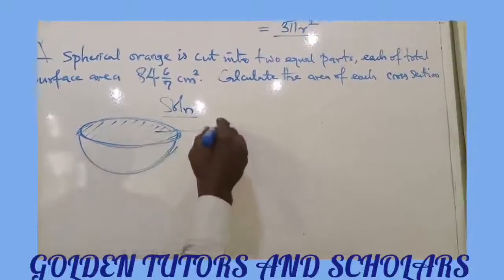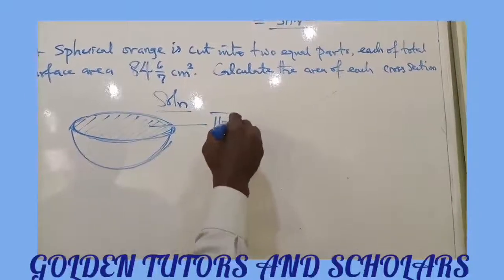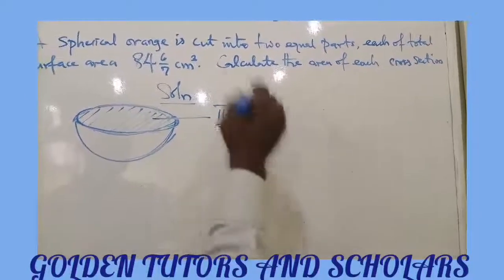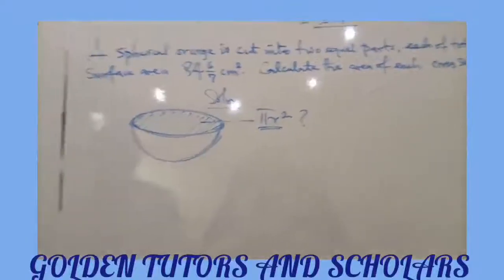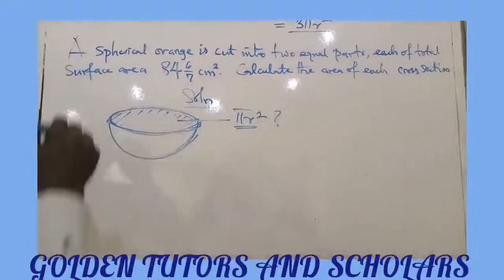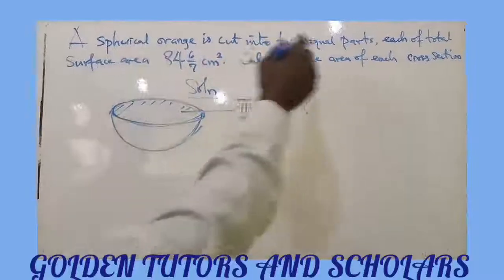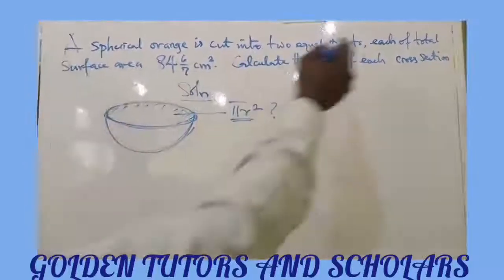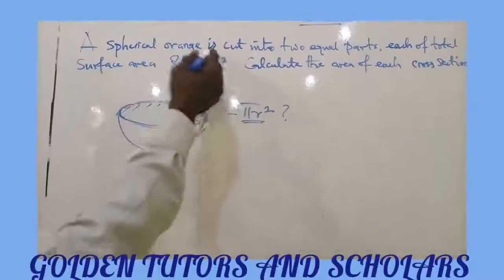This cross-sectional area is pi r squared. This is what the question is asking us for. But we are told from the question that each of them has a total surface area of this.